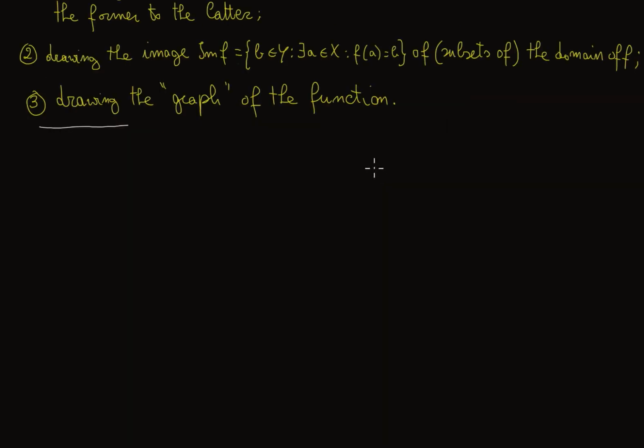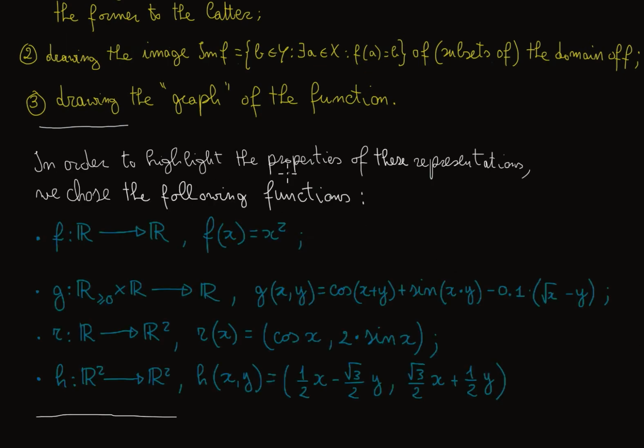In the coming lectures, we will analyze the representations of the function 1, 2, and 3 for the following test functions. In order to highlight the properties of these representations, we choose the following functions.